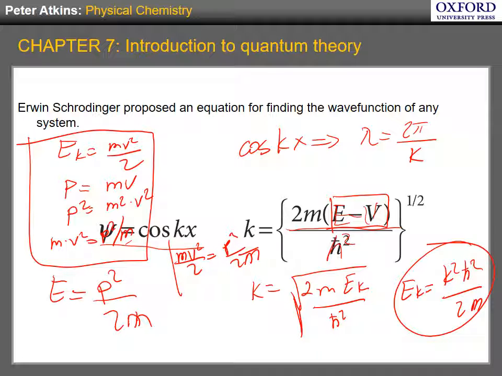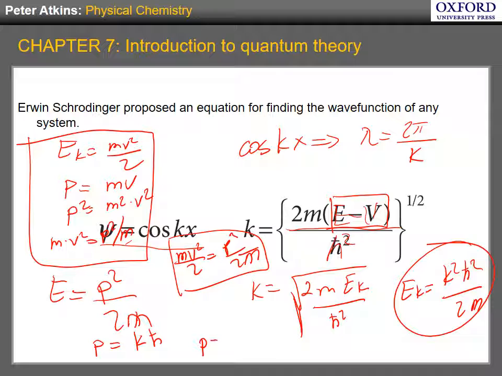Why is this important? Well, let's look at it from the momentum perspective. So E equals p squared divided by 2m. From here, it follows that momentum equals k h bar. So the linear momentum of a wavelength of the wave function is related to the following.